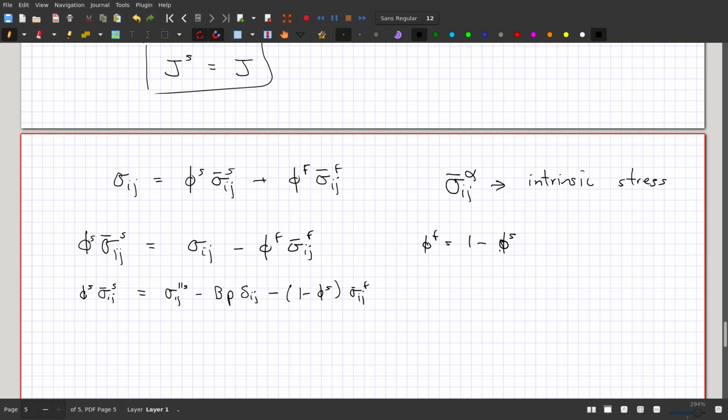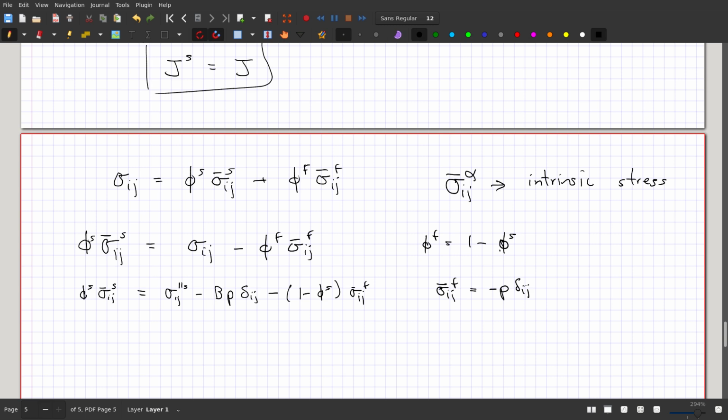So for this fluid stress, we're just going to say that the fluid stress is equal to minus P delta ij, so it's acting isotropically, right?